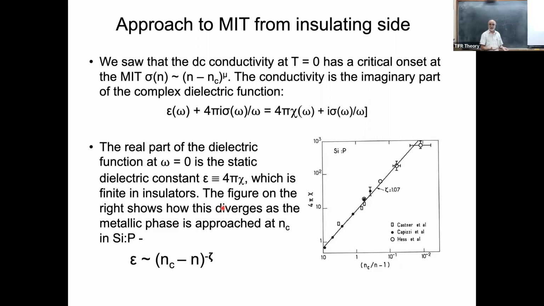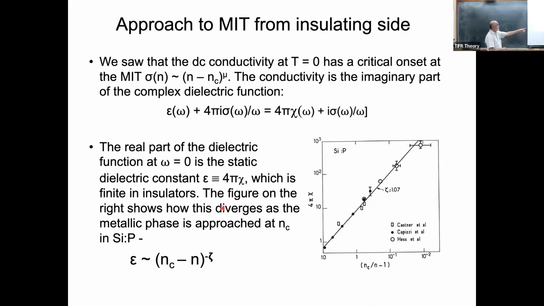So you can ask yourself, what does the dielectric constant do as a function of concentration? And it turns out that when you plot the dielectric constant, which is 4 pi chi, you subtract out the host dielectric constant. We're only talking about the dielectric constant coming from the donors, phosphorus in silicon.